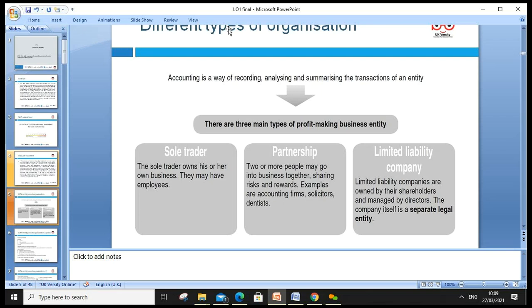Do we know the maximum number of partners in a partnership? It can be 2 to 20, under the Partnership Act 1890.